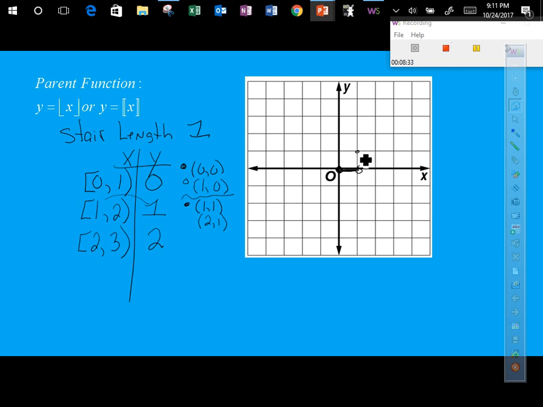So I've got a closed dot at 1, 1, and open dot at 2, 1. I'm assuming my scale is counting by ones. Do it again. I've got a closed dot at 2, 2. I've got an open dot at 3, 2. So closed dot, open dot.